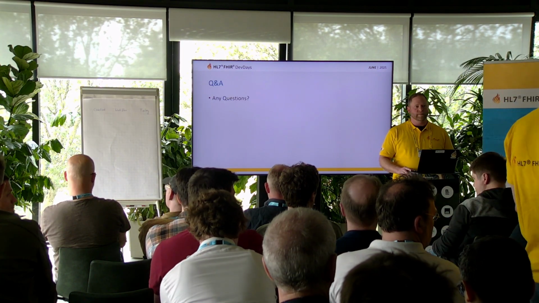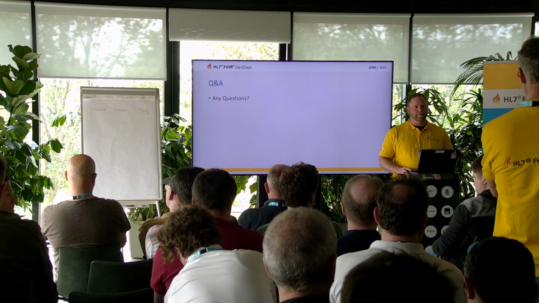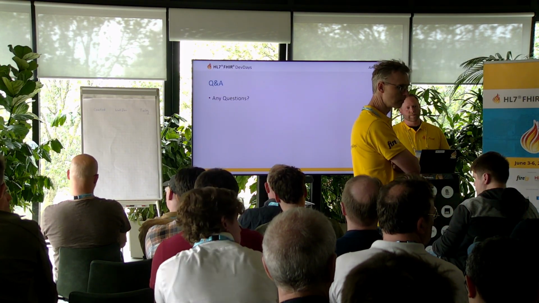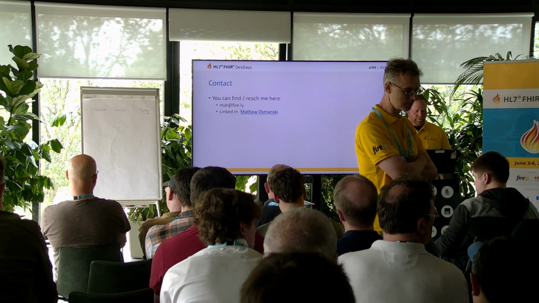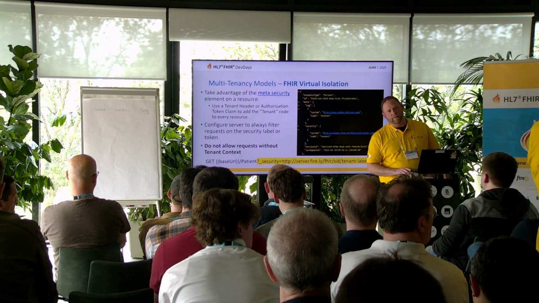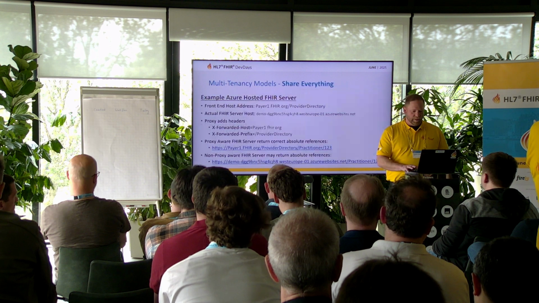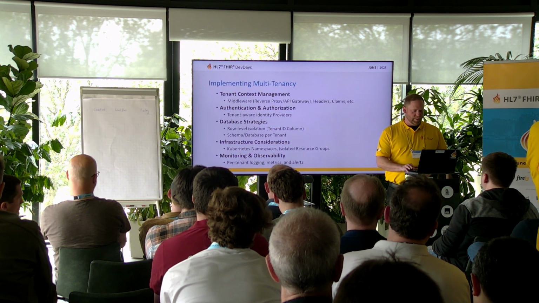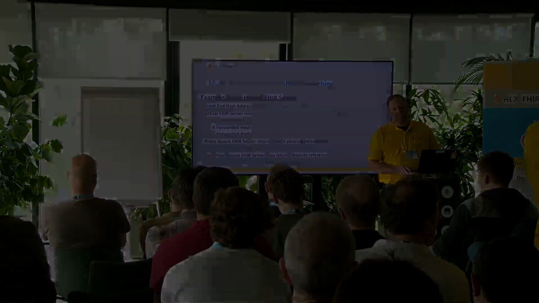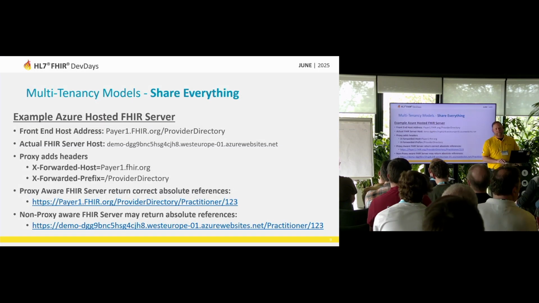Thank you. My question is a continuation of the previous one. Can you go to the slide where you're showing examples where we share everything? This one? Yeah, this one. What about cases when you're trying to create a new resource using a PUT operation with an ID that already exists in the database?